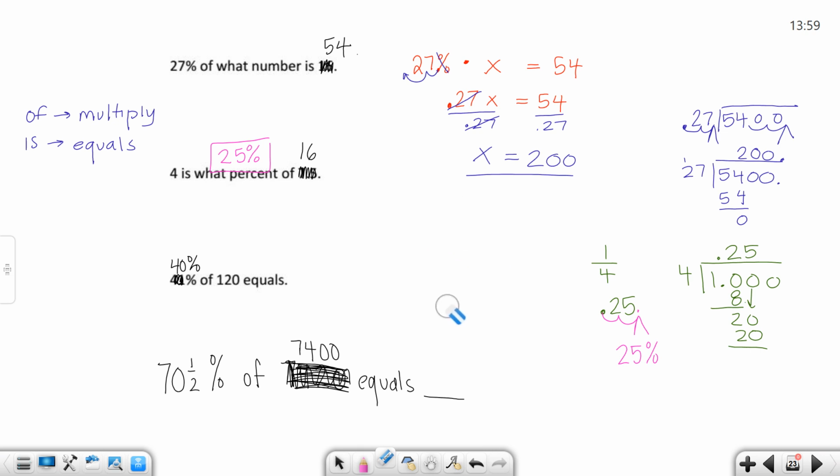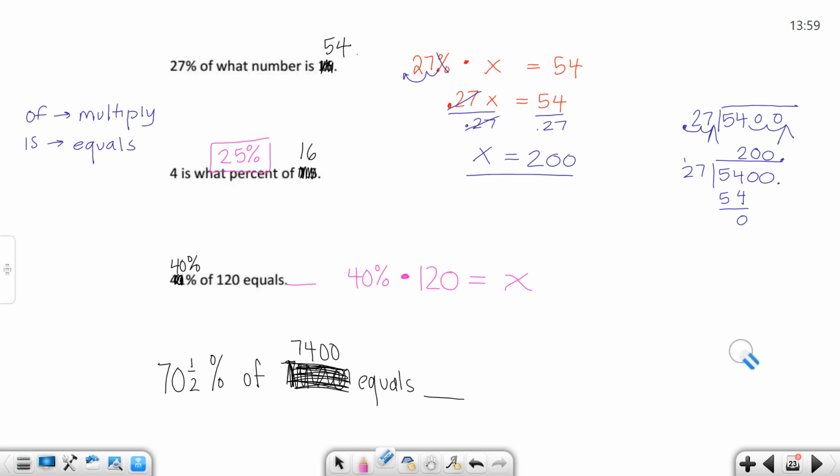So looking at our next one, I say 40% of means times 120 equals, and it should say equals what? Okay, so that's what we're looking for. So this one's going to be a lot easier than the last ones, because all we have to do is multiply them.